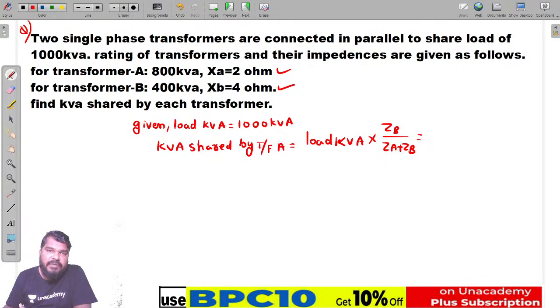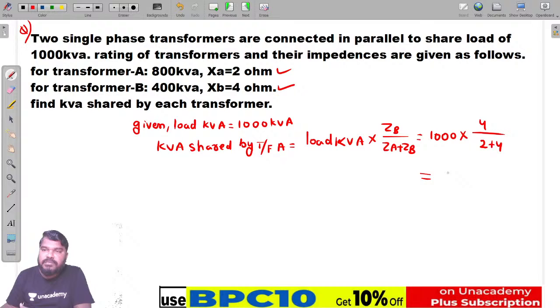Here RA is not given, so neglect it. We can write load kVA is equal to 1000, and since these are given in ohmic values, 4 by 2 plus 4.